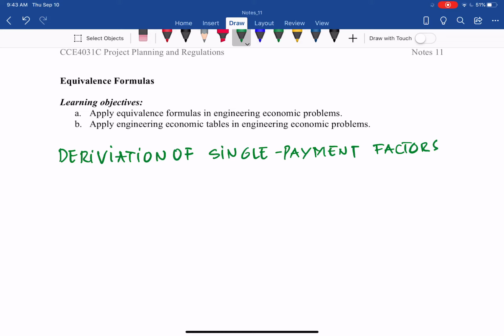The factors we have here are F over P and P over F.